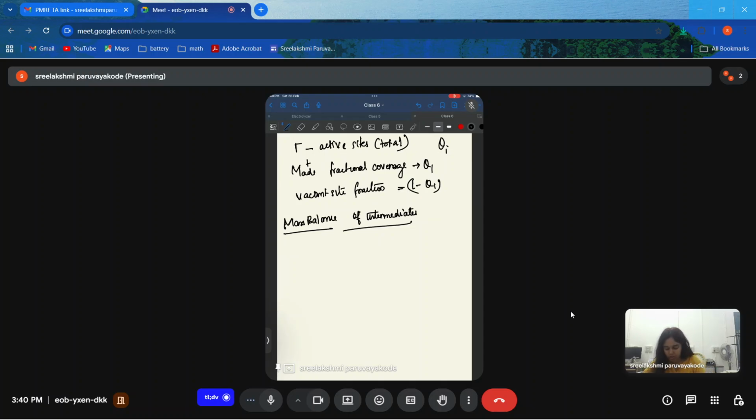We have the total active sites, gamma, times the fraction which is changing over time. It depends upon the rate of formation minus the rate of consumption.